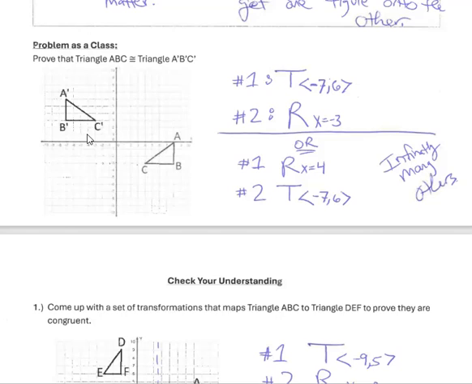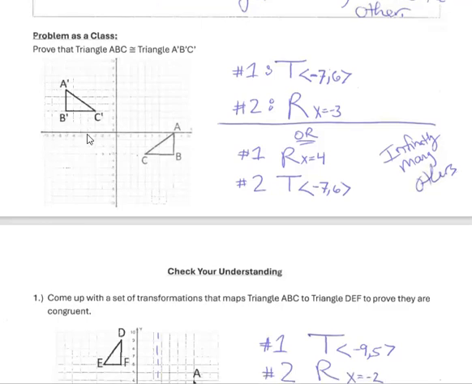That's going to fit ABC perfectly on top of A prime, B prime, C prime, and therefore they are congruent. You could have also reflected over x equals 4 first, and then done this translation of -7/6, and it would still fit perfectly on top. So those are two of the infinitely many ways to get ABC on top of A prime, B prime, C prime.